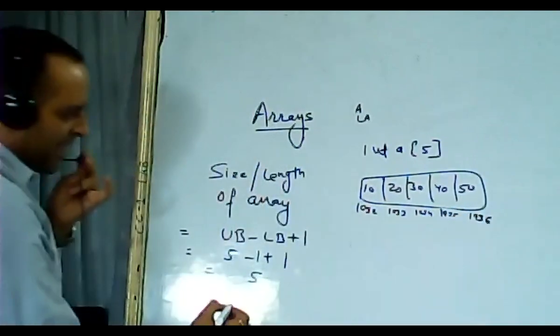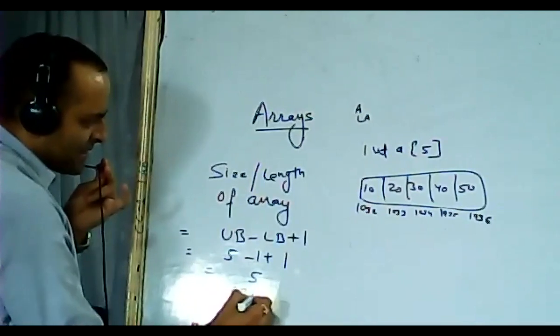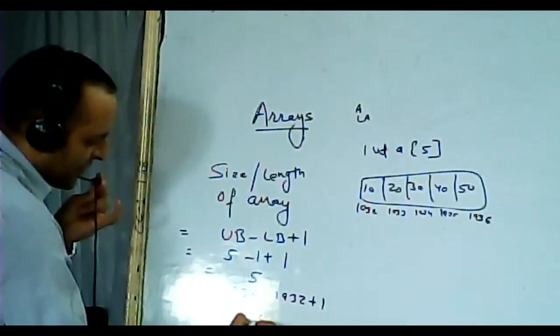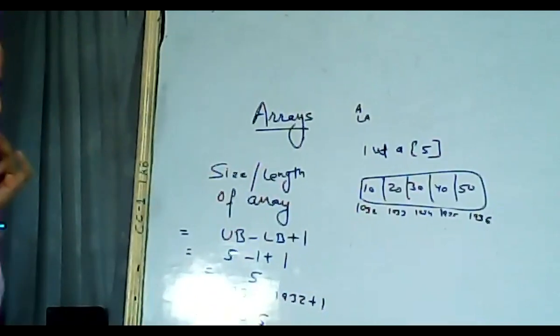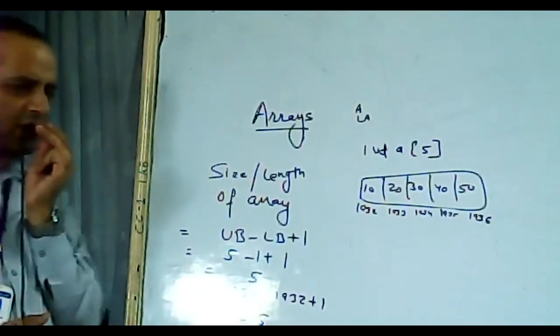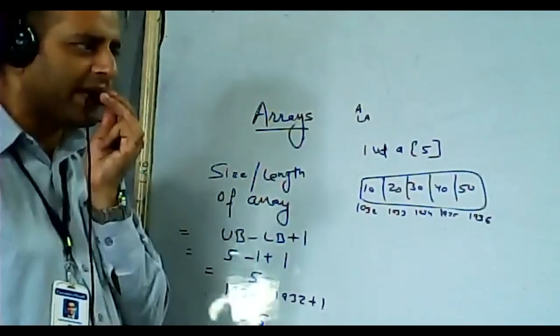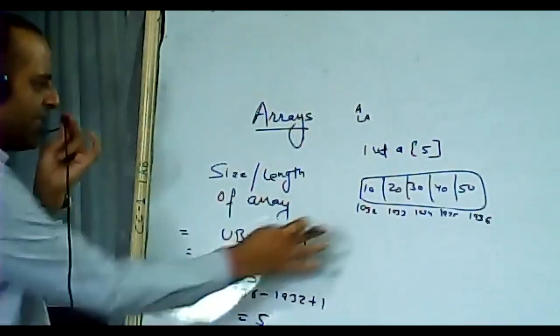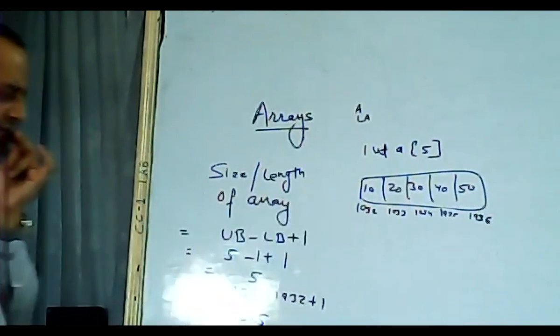In that case, 1936 minus 1932 plus 1 again comes out to be 5. It is not mandatory: in programming the array starts from 0, in algorithms I say the array index starts from 1, but in a numerical problem your array index can start from any value. Is it clear?